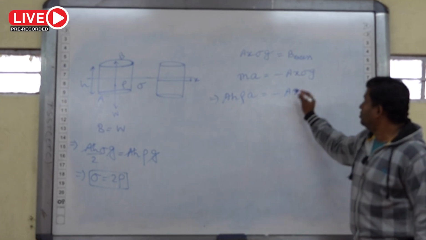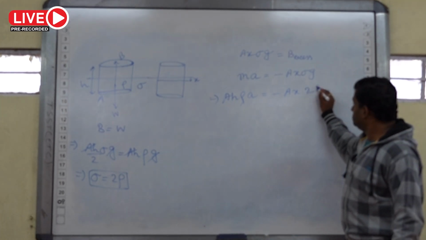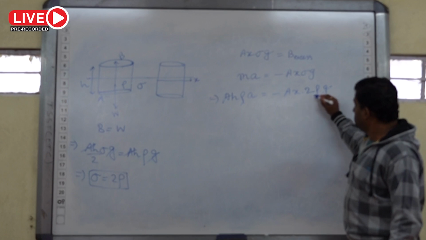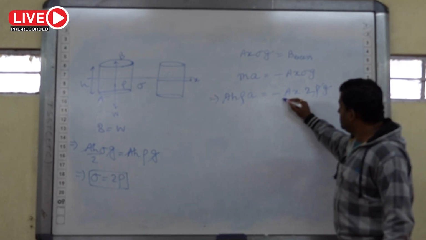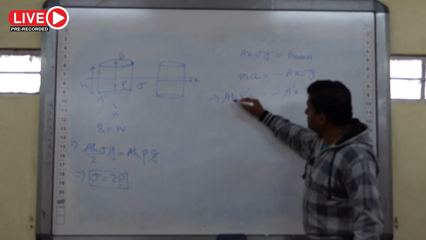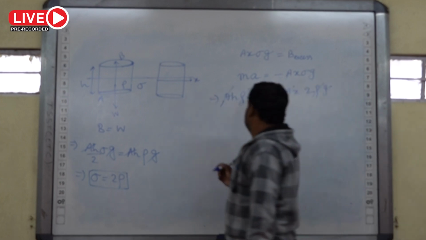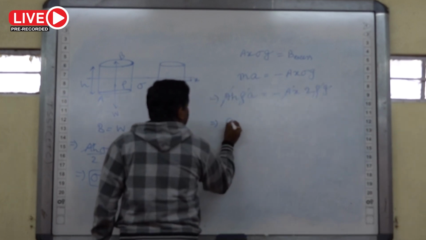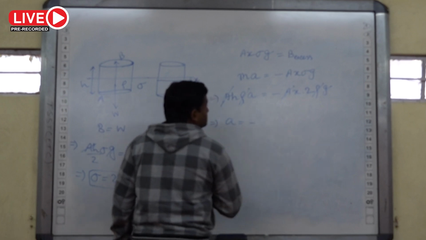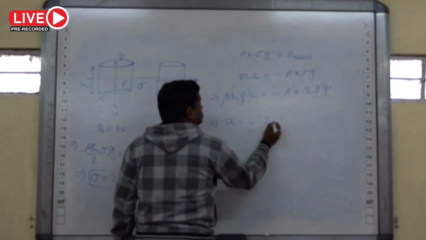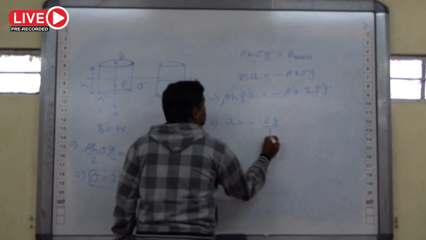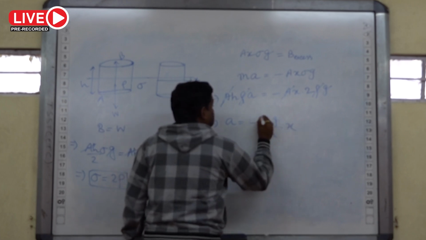It is 2 rho into G. Rho cancel, A cancel. So acceleration will become minus 2G by H into X.